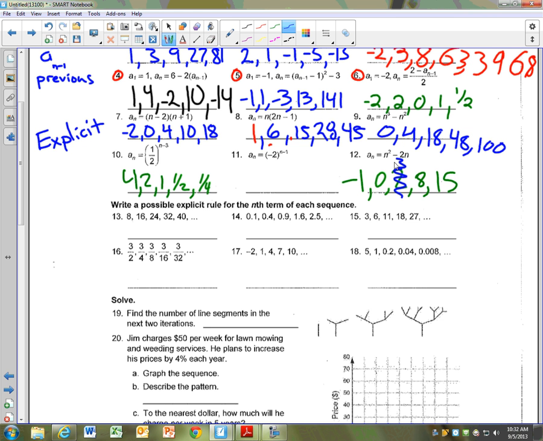We have negative 2 to the 0 power. What's negative 2 to the 0? 1. And then we have negative 2 to the 1 power. Negative 2 to the... Good. That's it. Any questions on that?